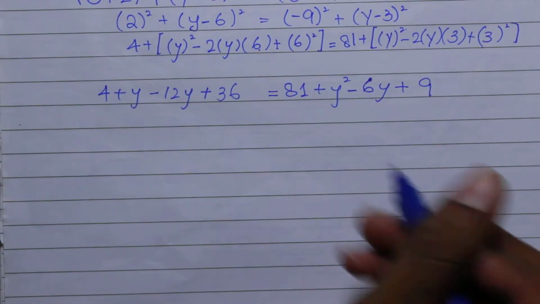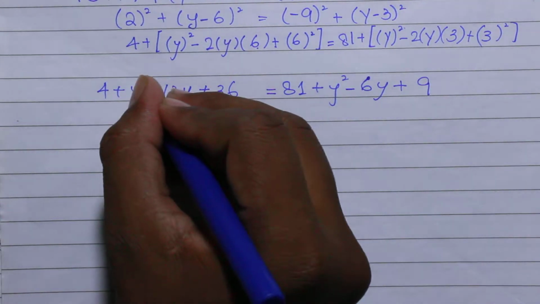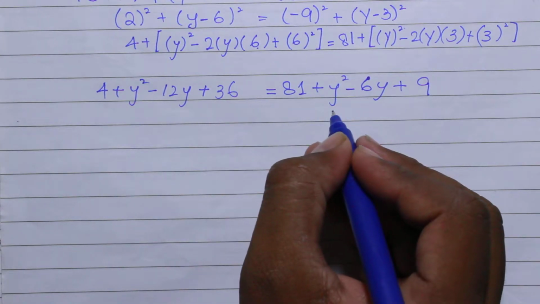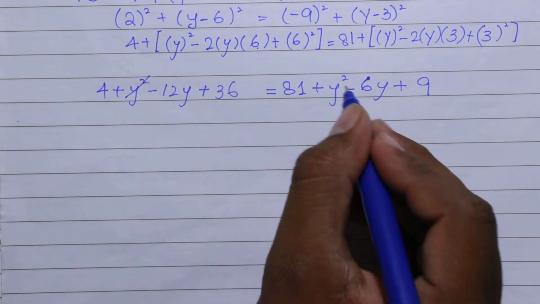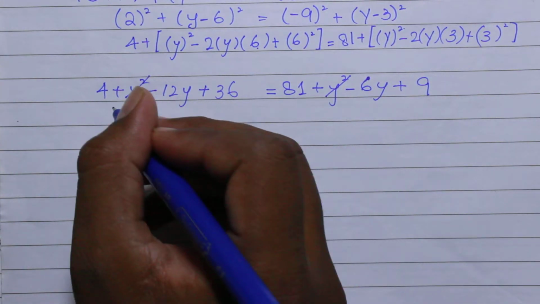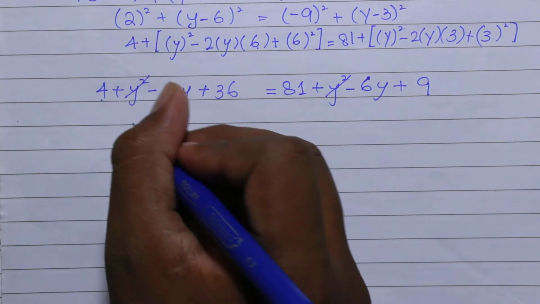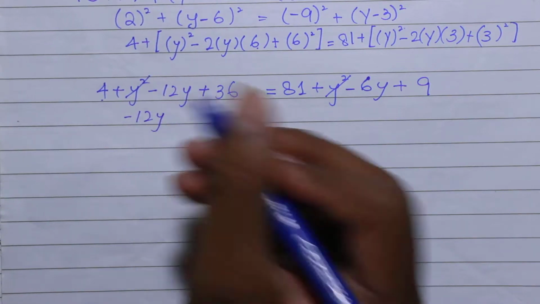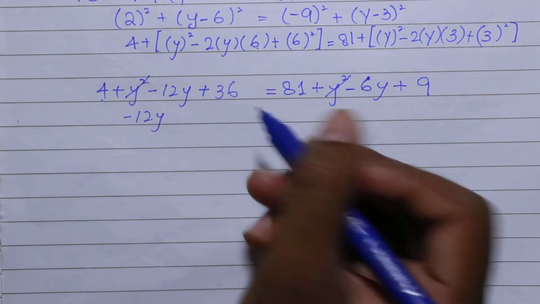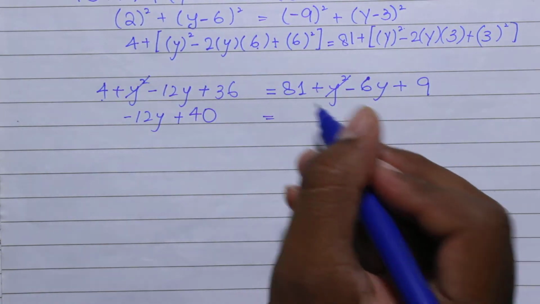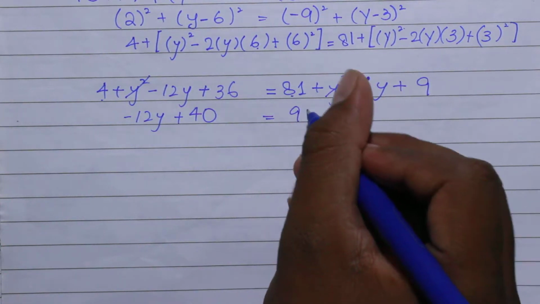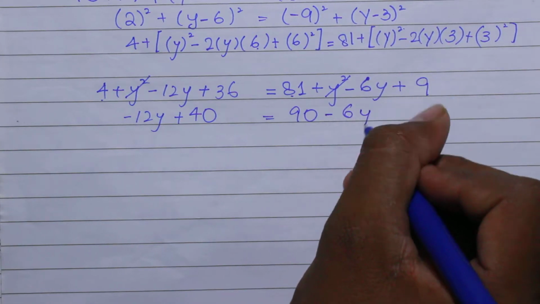Now we have y squared on both sides with the same sign, so they cancel with each other. Minus 12y remains as it is, and 4 plus 36 gives you 40, equals 81 plus 9 gives you 90, minus 6y.